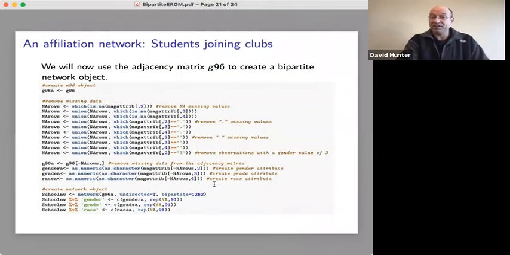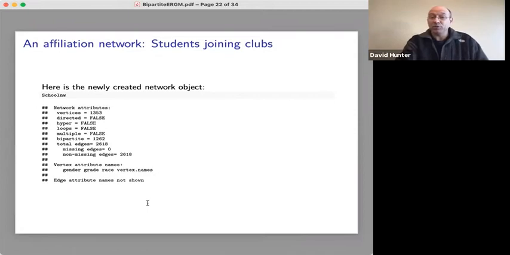And cleaning data, getting rid of missing values, turning this now into a network object in R, and adding some nodal covariates. That's what you see with the %v% operator. And at the end, what we get is a single object called school network in this setting. And school network has, as you can see, 1,363 nodes.